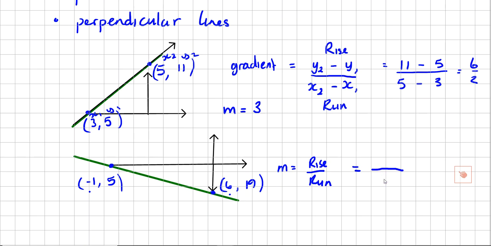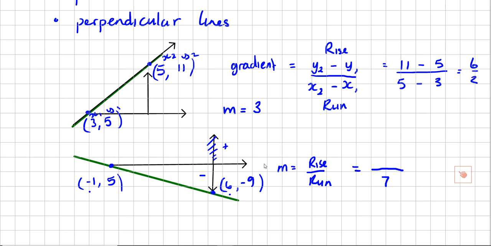Think about temperature. So my run is 7, and it's not a positive rise, so it must be a negative. Sorry, I've done this wrong, haven't I? Yeah, that doesn't make sense. Sorry, I wasn't thinking what I wanted to do. I actually want to go -9.